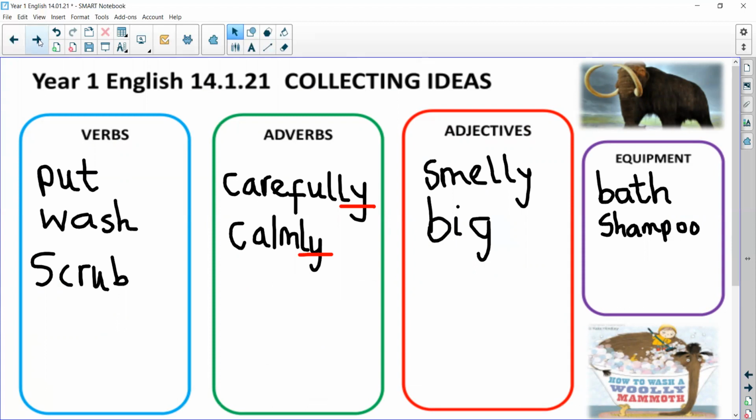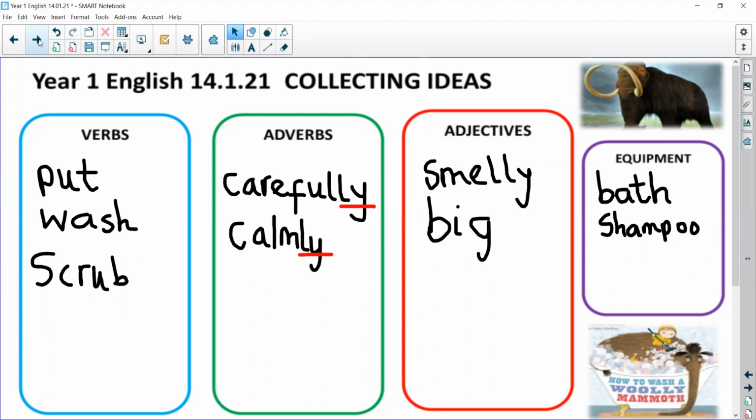So I've written some verbs: put, wash, scrub, so I can action those words. So therefore they are action words, they are imperative verbs, telling you in a bossy way to do something. Put, wash, scrub, pour. Now the adverbs, you're telling the person how to do it.